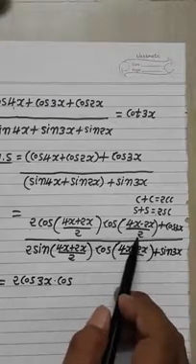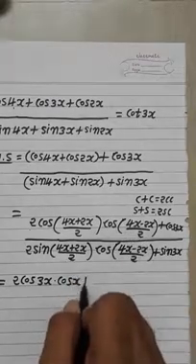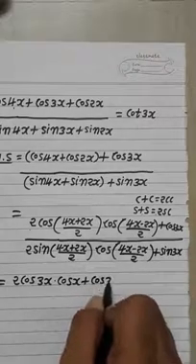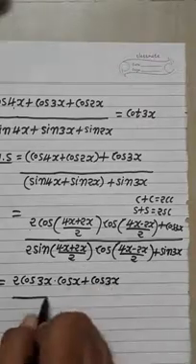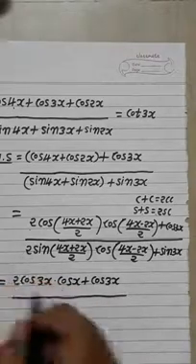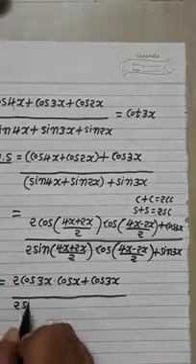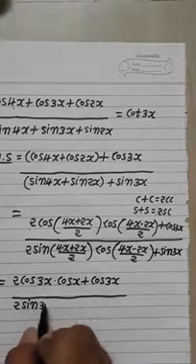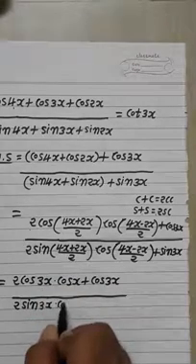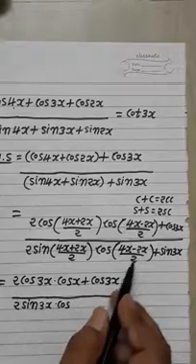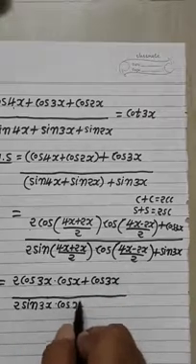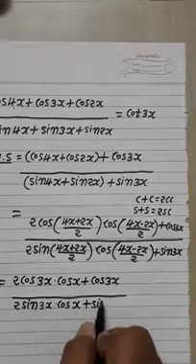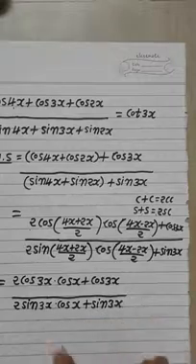So here we write cos x plus cos 3x upon, in the denominator term, 2 times sin of (4x plus 2x) divided by 2, so sin 3x into cos of (4x minus 2x) divided by 2, so cos x plus sin 3x.